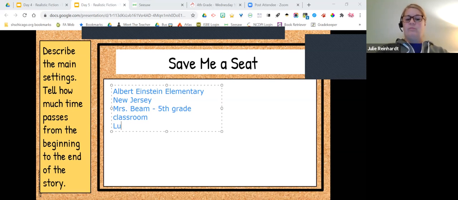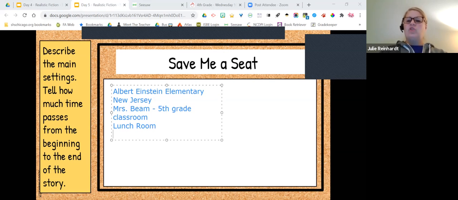The lunchroom. Joe also has an encounter with his mother in the lunchroom. Joe and Ravi go home at one point, so their houses are also, I'm going to put housing for Joe and Ravi.